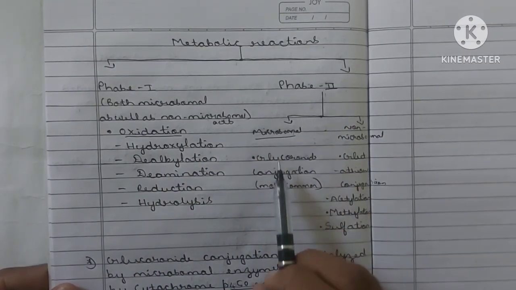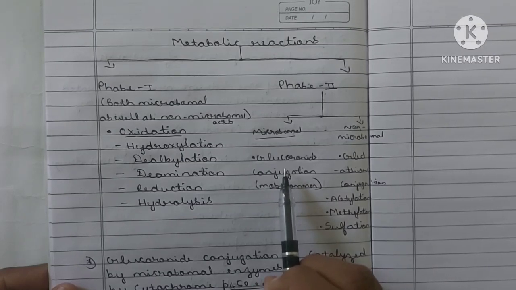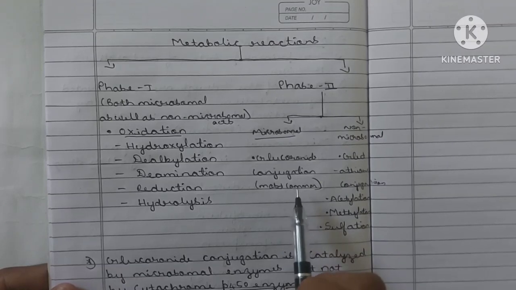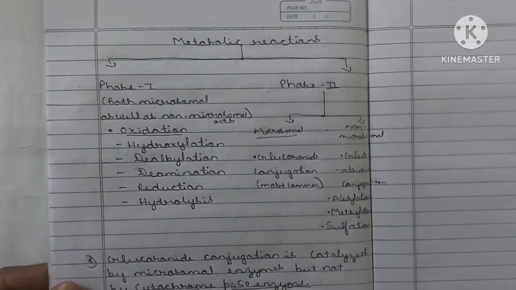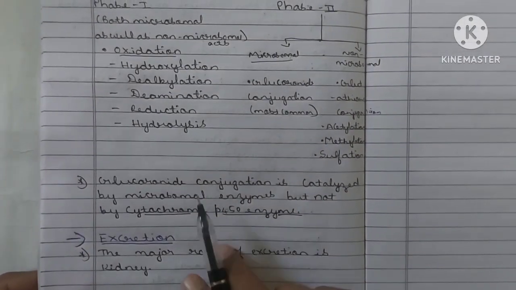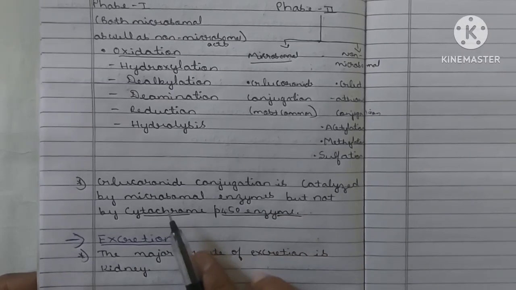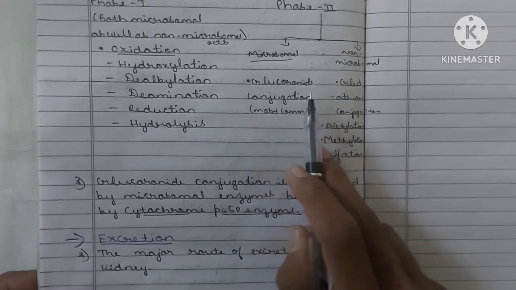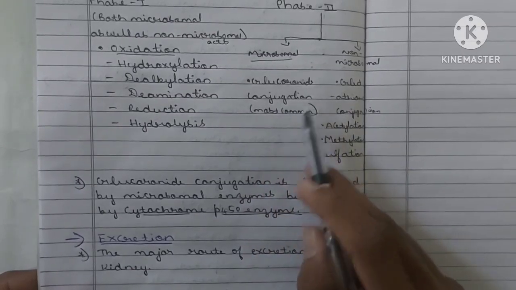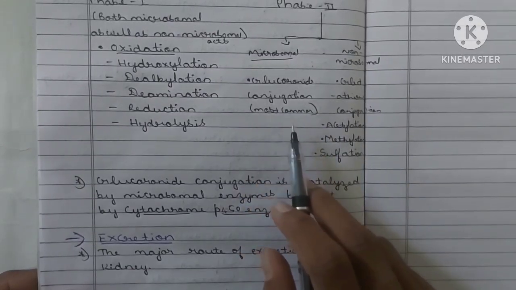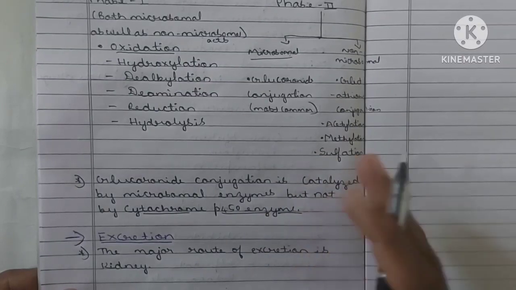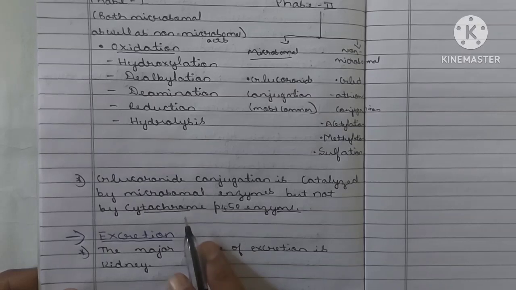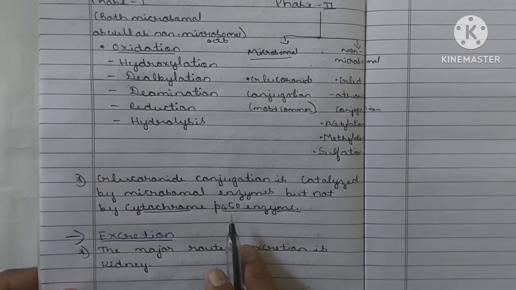Microsomal enzymes act only on glucuronide conjugation. It is the most common type of phase 2 reaction. Glucuronide conjugation is catalyzed by microsomal enzymes, but not by cytochrome P450.